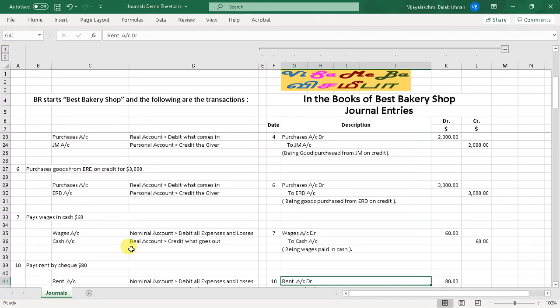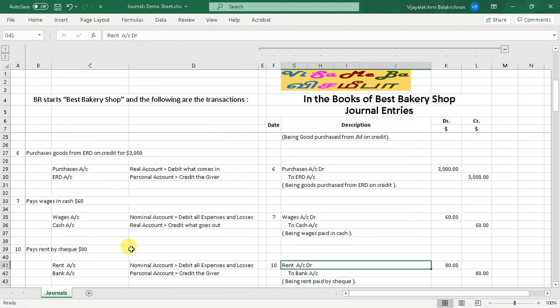Bank is a personal account, so credit the giver. So rent account debit to bank account $80, being rent paid by check.